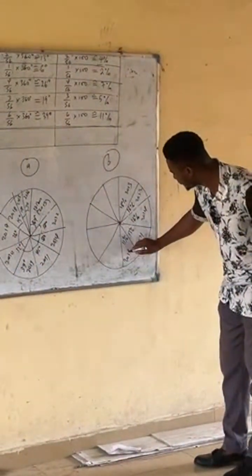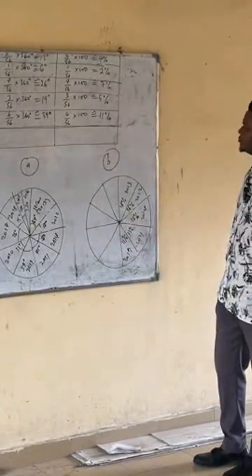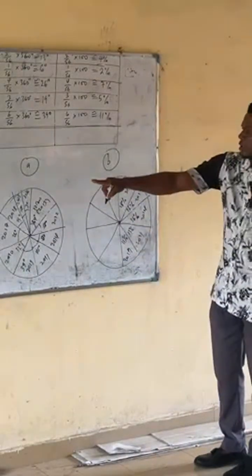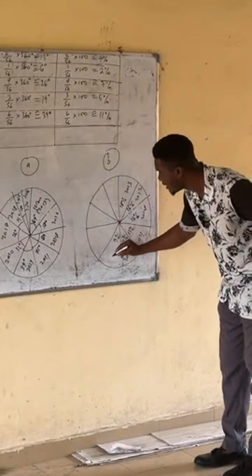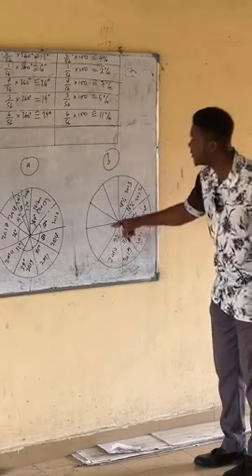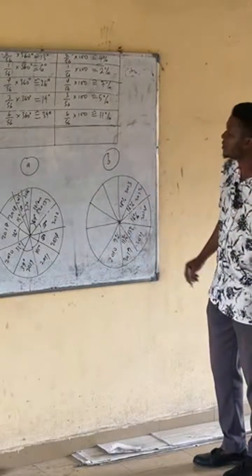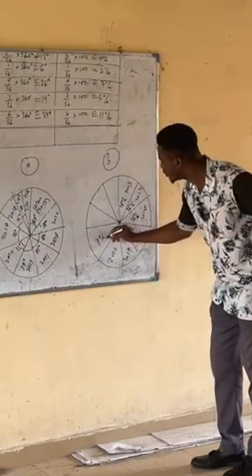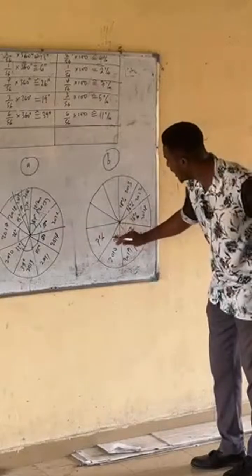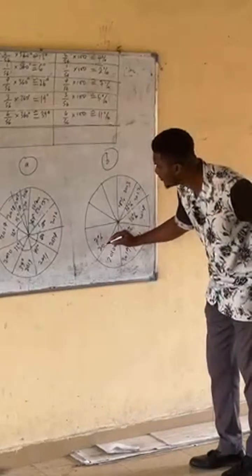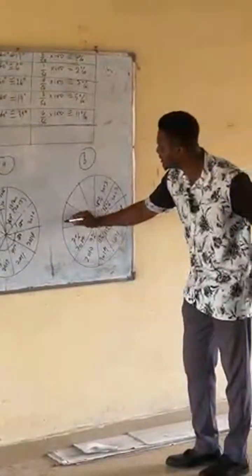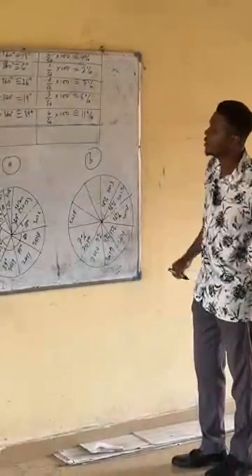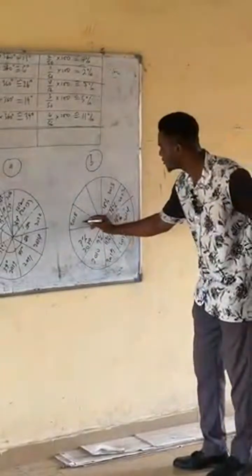219. Then 210, 32 degrees. 9%. So I will just put here 9% and I'll put there what? 210. Then 217, 7%. So 7% and I'll put what? 217, right? 217. Then the next one, 218. 5%.